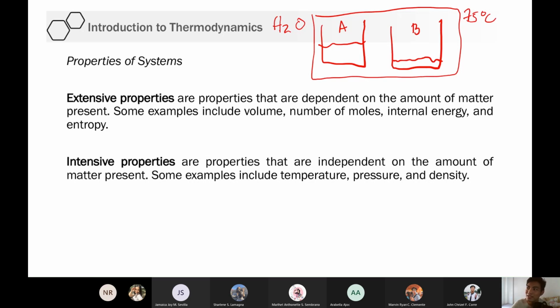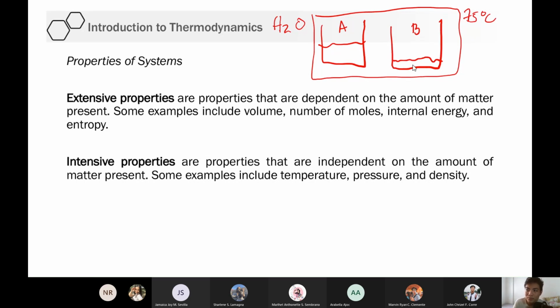Pag tinanong kayo, always imagine two beakers. If their properties depend on their amount, then extensive yon. Pero if their properties do not depend on the amount, intensive. Okay?